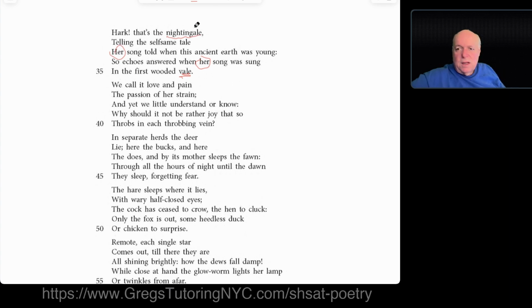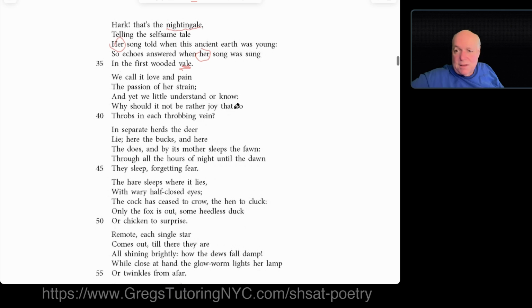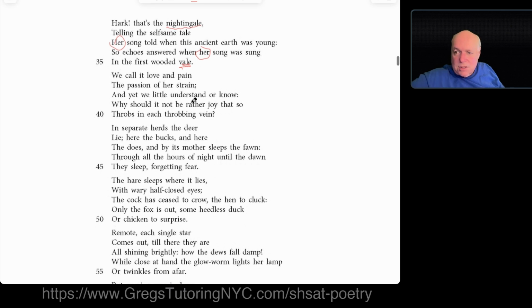All right, so it's also talking about this going on. So the implication is that the nightingale will be awake during the night, chirping and all this other stuff, or screaming, or whatever it does. I'm not actually familiar with the actual sound a nightingale makes. We call it love and pain, the passion of her strain.